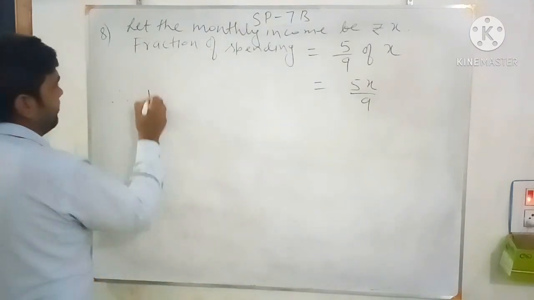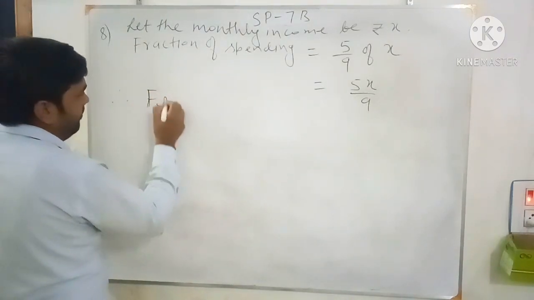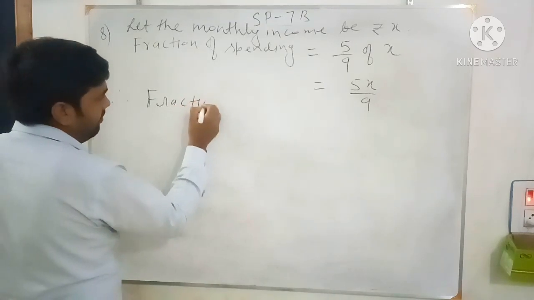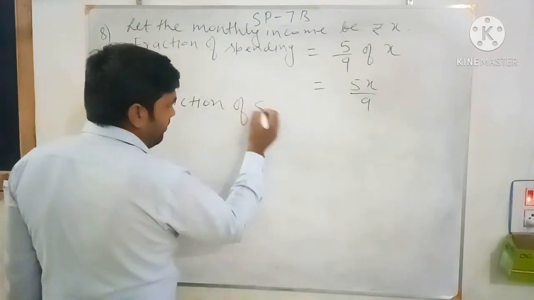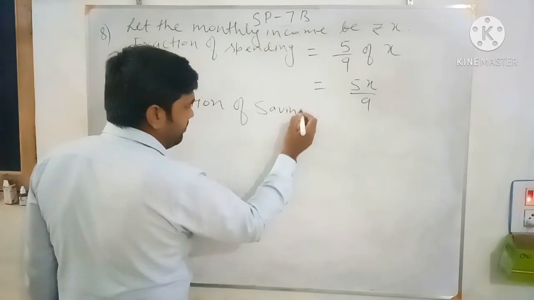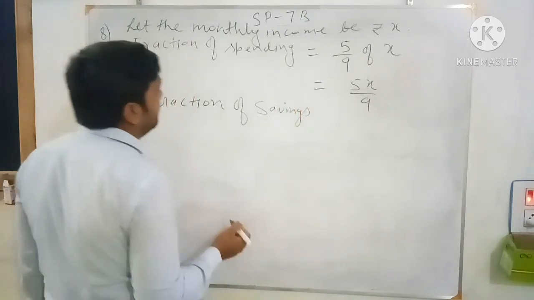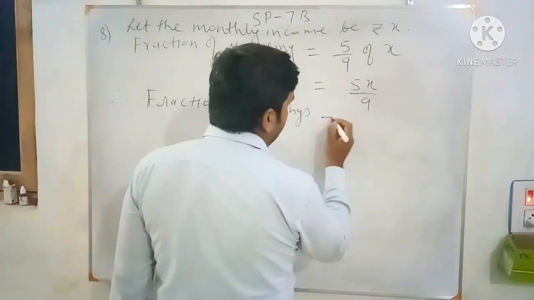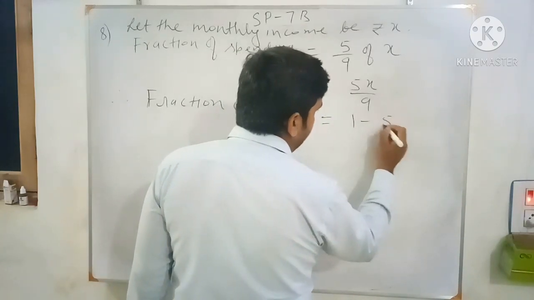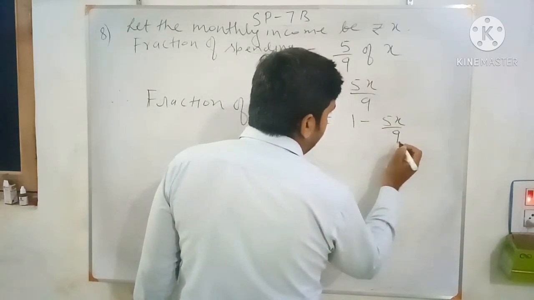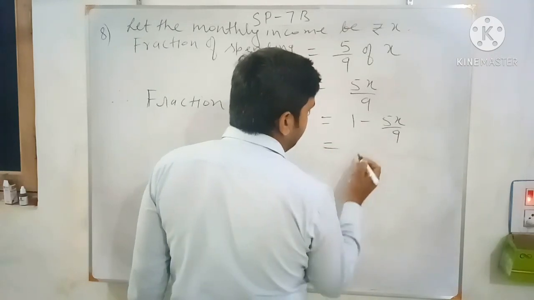Therefore saving equals total income x minus the spending 5x by 9.